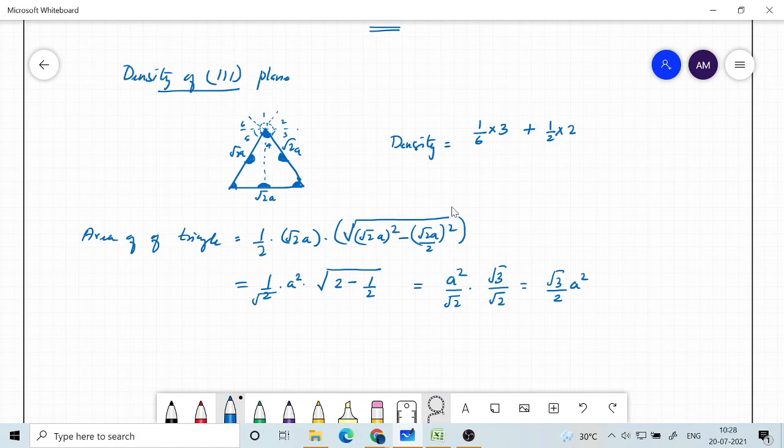Okay, so all the other atoms don't get aligned in this plane, so therefore these are the only things, divided by root 3 by 2. So 3 by 6, that is 1 by 2. 1 by 2 plus 1.